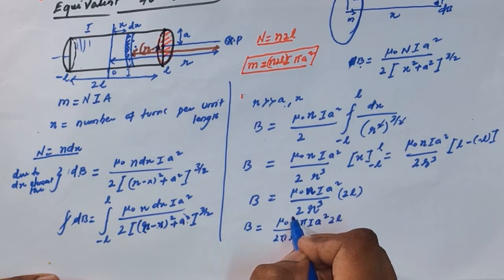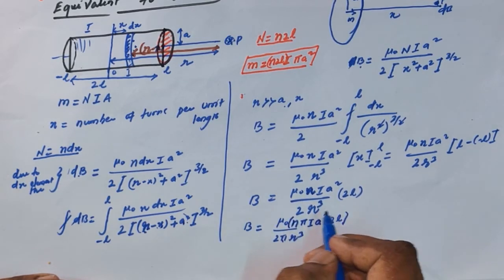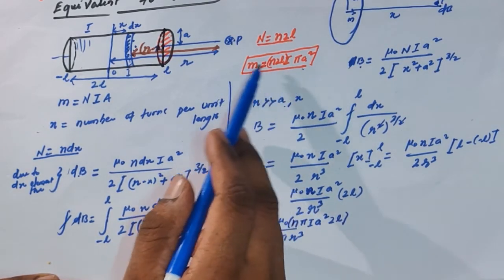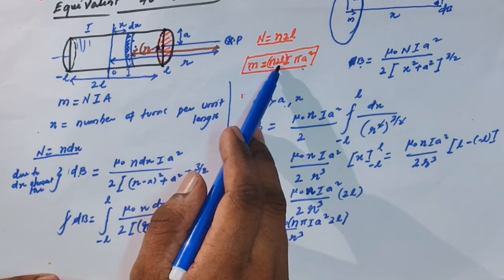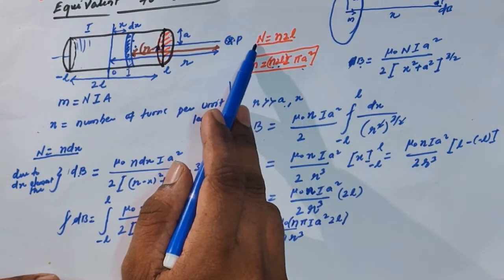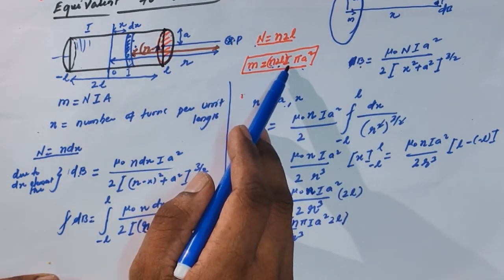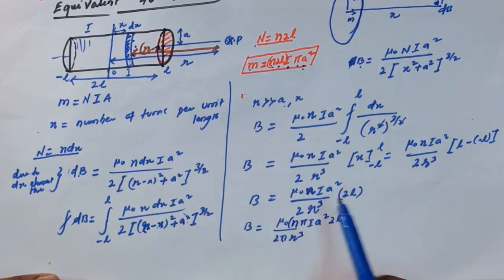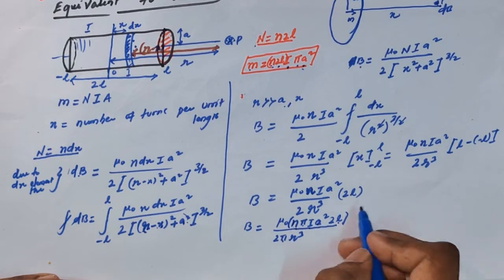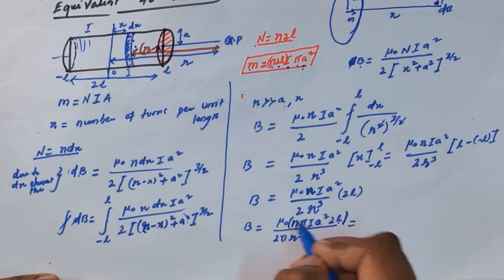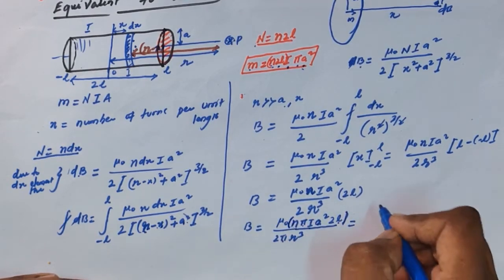So if you see this expression, it is equal to the magnetic moment of the solenoid: n times 2L, the total number of turns in the solenoid, times the current times the area πa². The bracket term represents the magnetic moment of the solenoid.